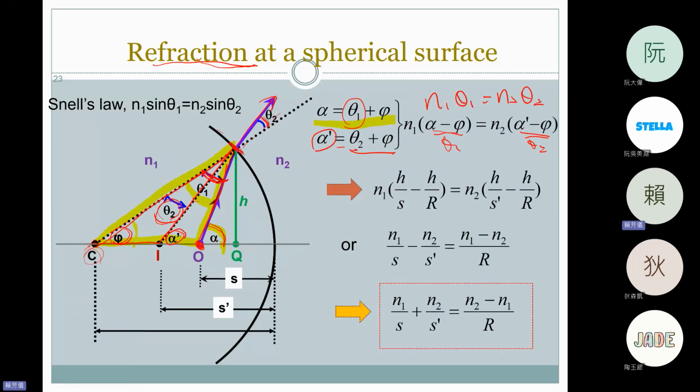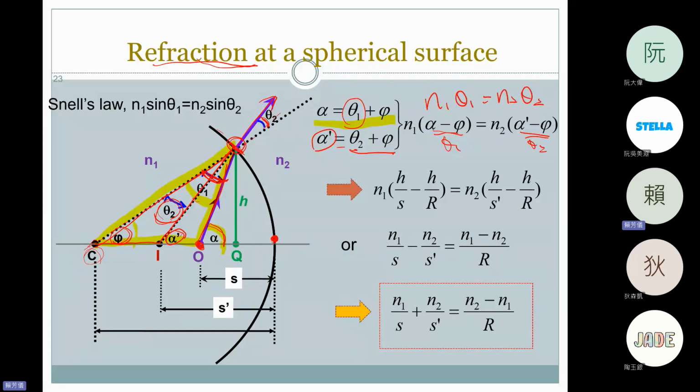Okay, and now we are using the paraxial estimate. So actually these points should be in here, because we assume all the incident angles are very small, right?